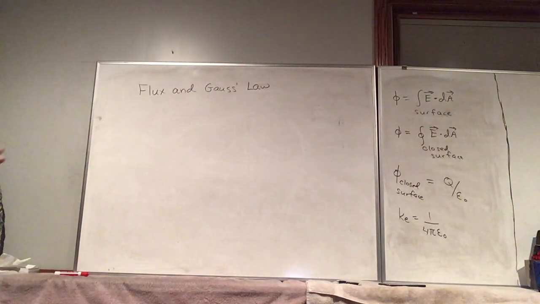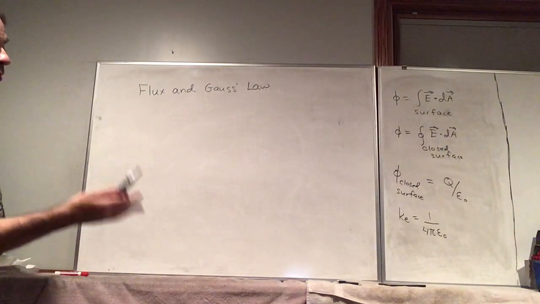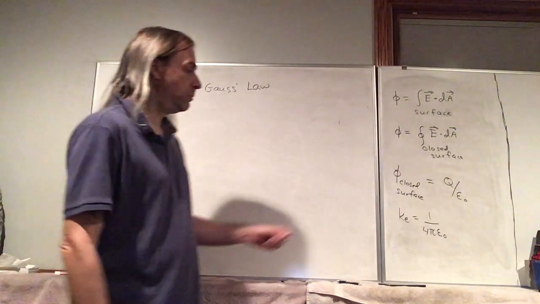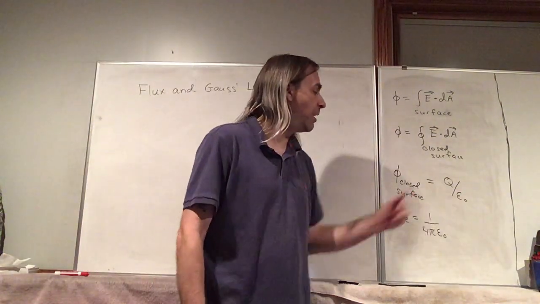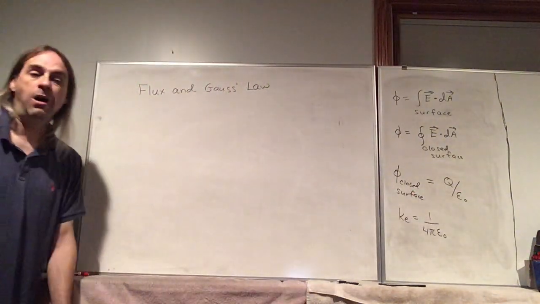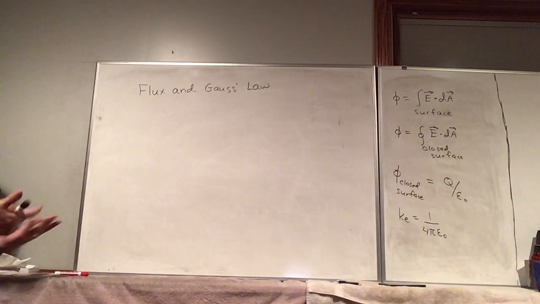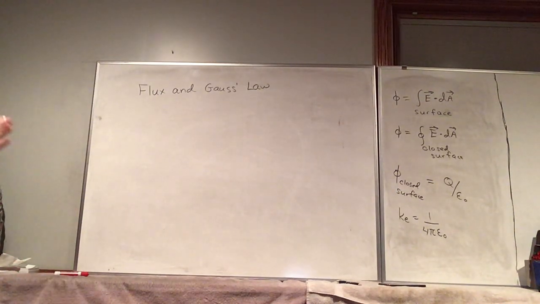The reason we have two constants, one for Coulomb's law and one for Gauss's law, is that this epsilon naught is more convenient for Gauss's law than it would have been. We could write, instead of epsilon naught, 1 over 4 pi Ke. And so it's good to have both of these constants.